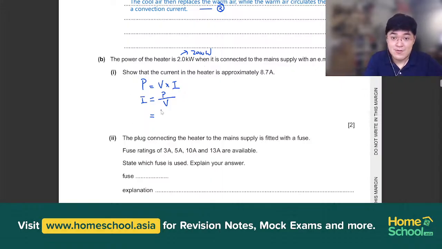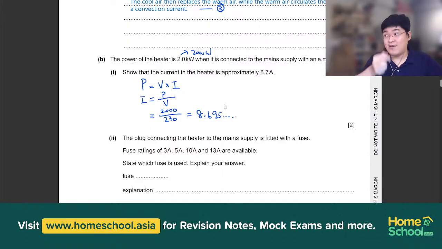So 2000 watts divided by the EMF of 230 volts, and that should get you 8.695, and so on. Over here, we want to convert this into two significant figures because the question asks for two significant figures.